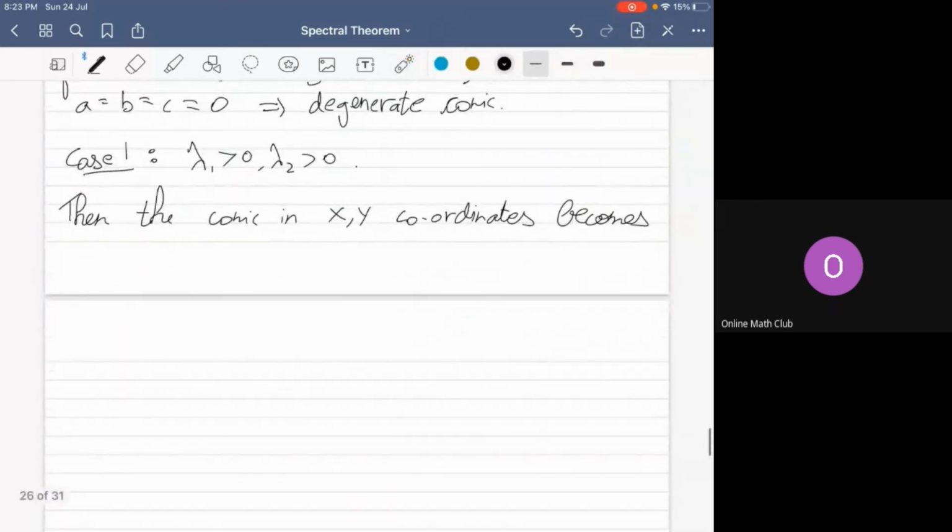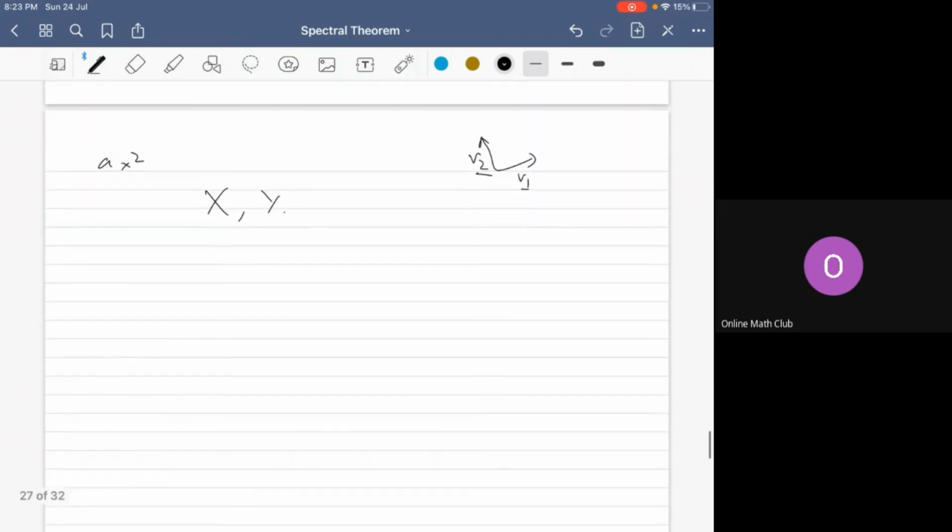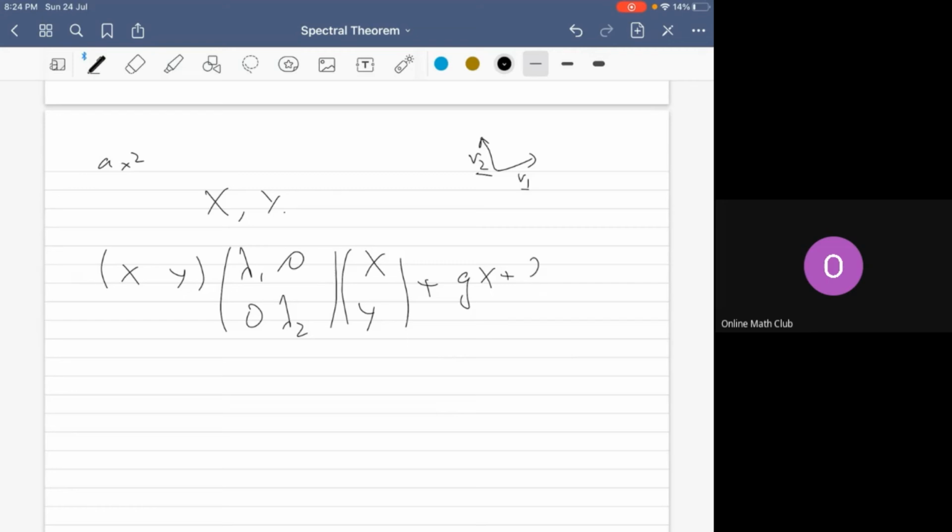So we already got that in terms of this nice orthonormal v1, v2 coordinates, the roots in terms of capital X, capital Y correspond to the quadratic equation, which is a bit simpler: X Y times the matrix lambda 1, lambda 2, 0, 0 times X Y for the degree 2 portion, plus some gX, plus some hY, plus the constant f, which is 0.